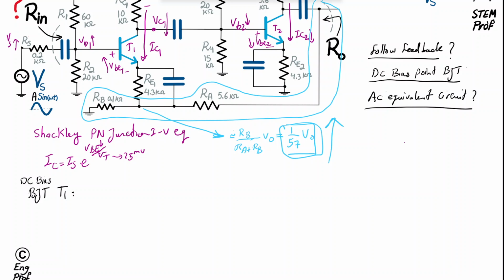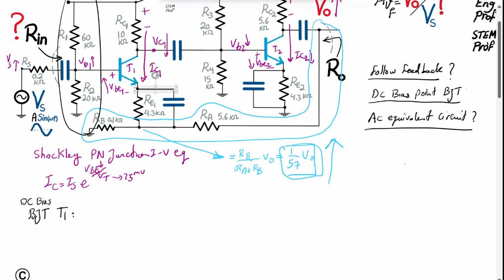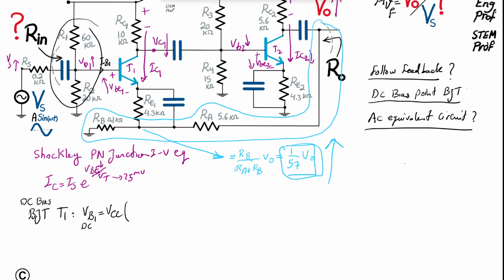Okay, first to start with R1, R2 in series effectively, I'm going to make the assumption that the DC current of the base of transistor 1 will be small, but we have to check it. So effectively, if that is true, R1, R2 are in series, and I can find the voltage of the base of transistor 1 DC wise. So the voltage of the base of transistor 1 DC is equal to the VCC supply times a voltage division between R1 and R2, so it's R2 divided by R1 plus R2.